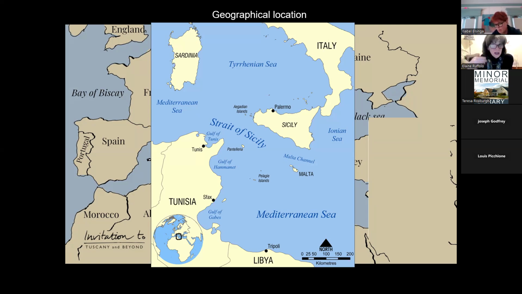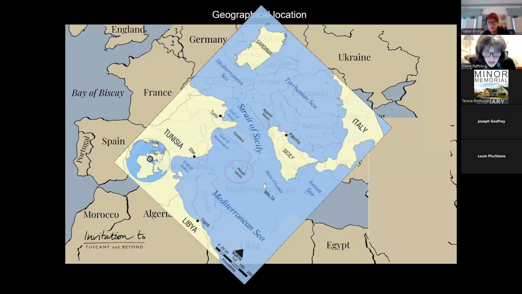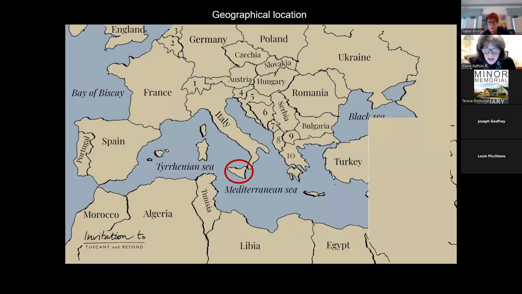For military and naval power, Sicily was strategically important because it was the foothold to gain control of the Mediterranean. And the Romans used it as a naval base for the Punic Wars.